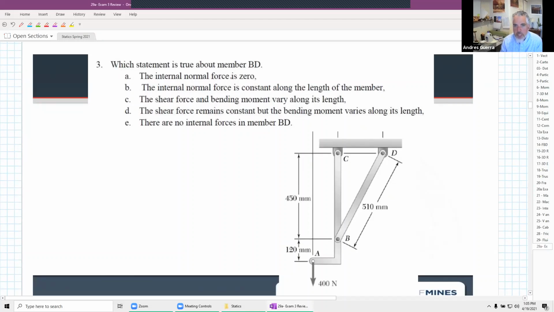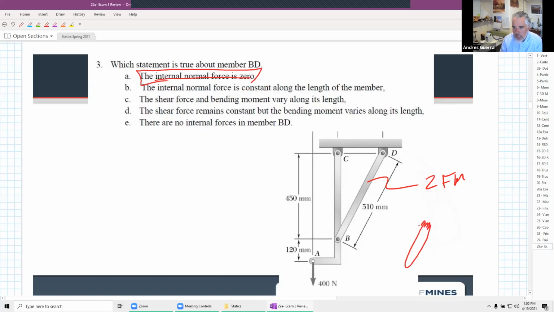They ask us which statement is true about member B to D. In this next problem, we've talked about how B to D is a two force member. So is the internal normal force 0?